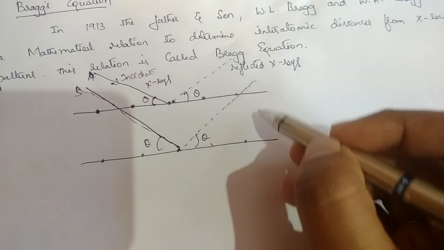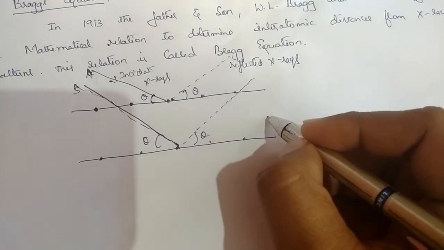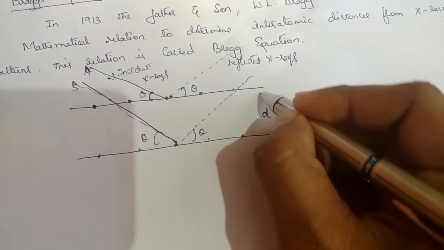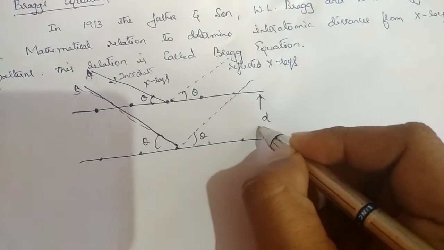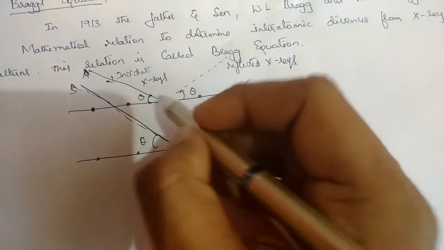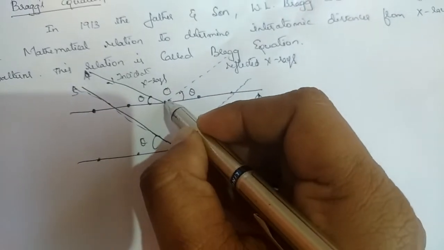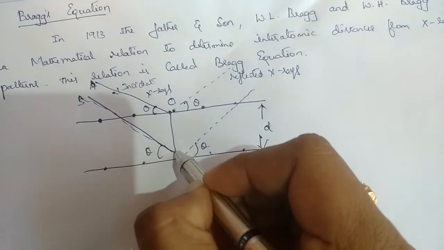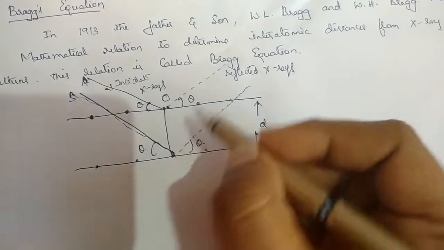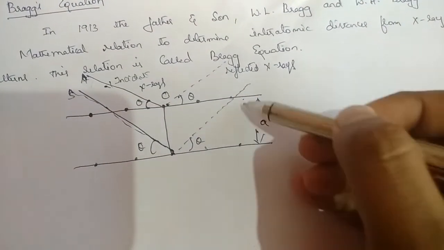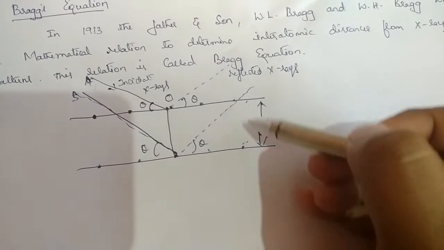The distance between the two planes, the internuclear distance, is represented as small d, and I will take it as O. These are the two parallel planes of the crystal structure.